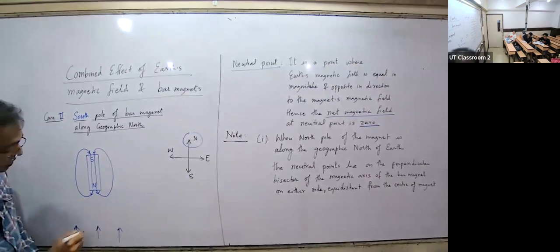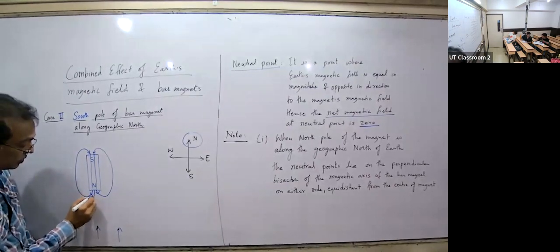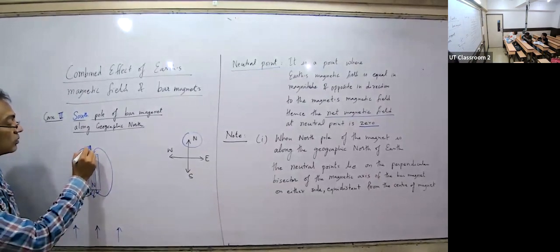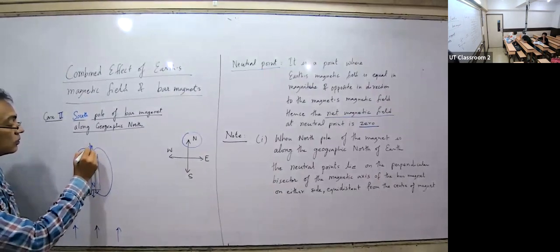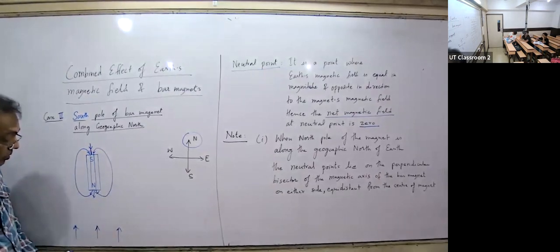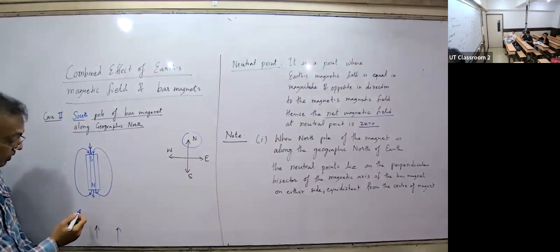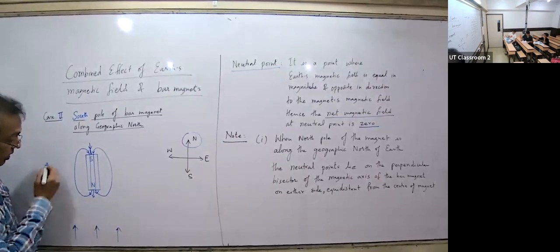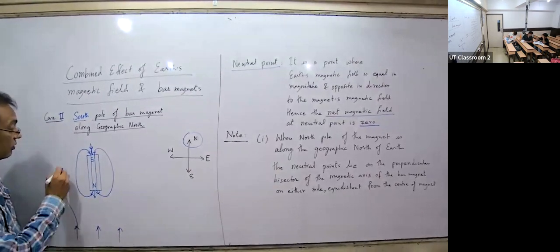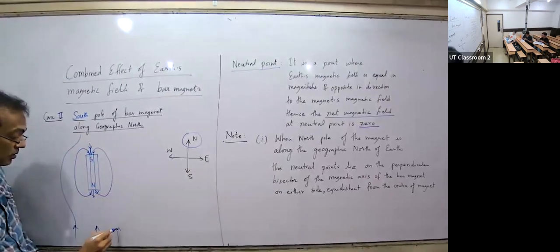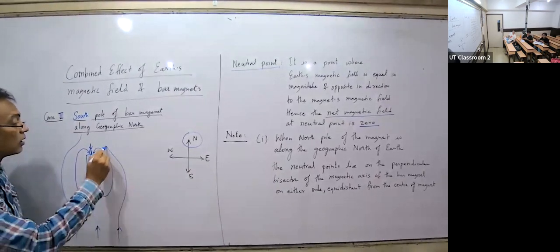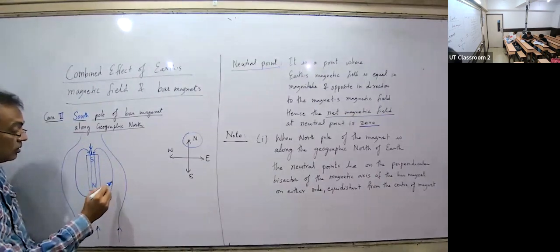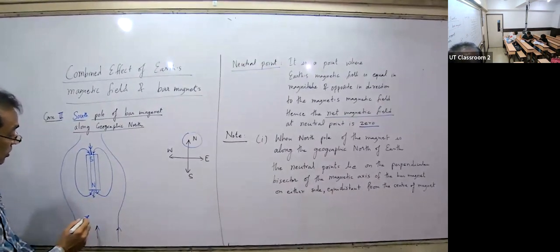Then obviously, where is the opposite field line? In this direction. Right? So how is Earth's field line? So it will repel it. So it should go somewhere over here like this. Isn't it?